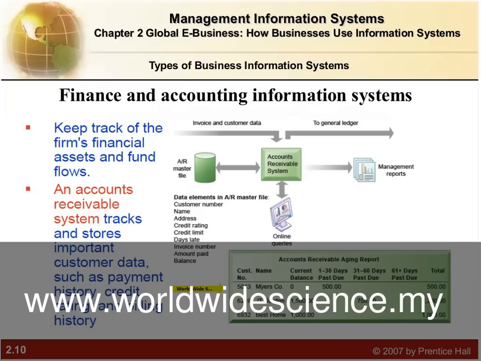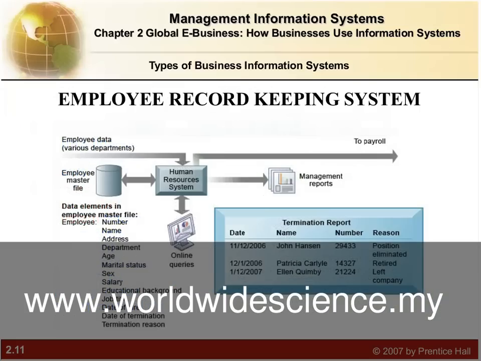The other system we talked about is the employee record keeping system, an example of a human resource system. This system keeps track of different information about the employees.